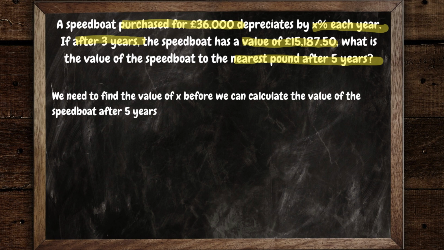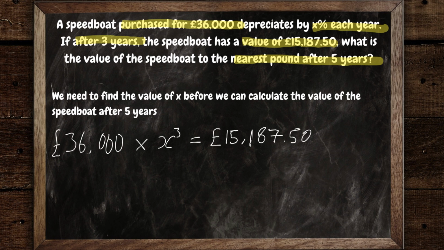So we need to consider what we would normally do to the percentage multiplier for a compound percentage change over a 3-year period. So if a value is being decreased by X% each year, then for 3 years, we would multiply the starting value by X to the power of 3. So to rearrange this, we would write it out as £36,000 multiplied by X to the power of 3 equals the final value of £15,187.50.